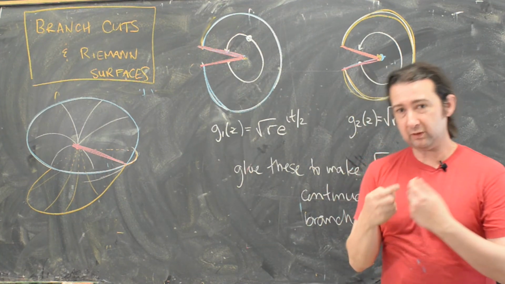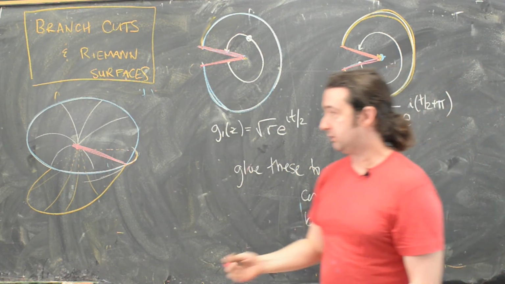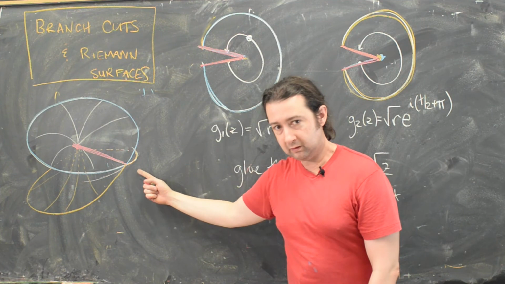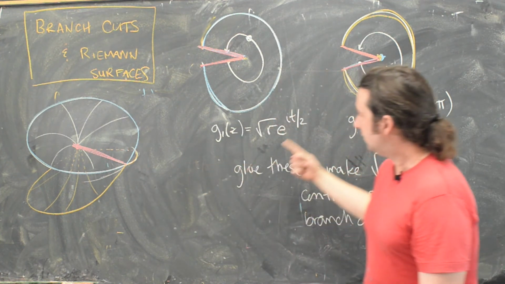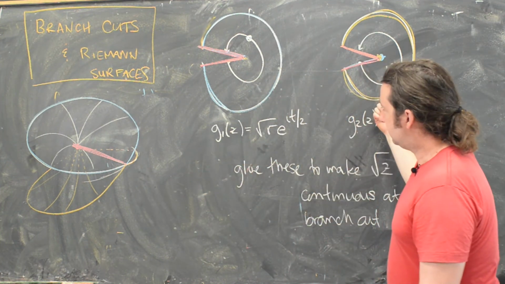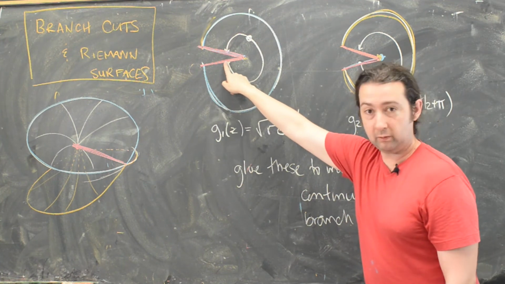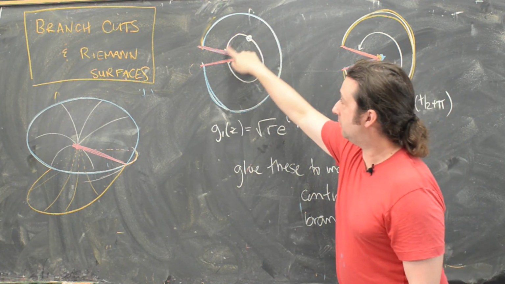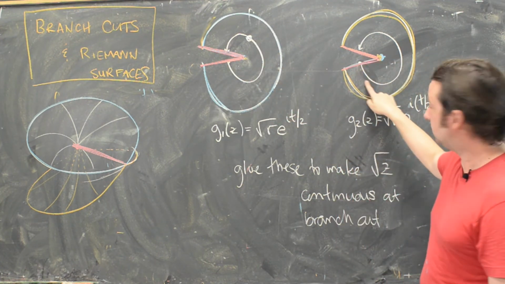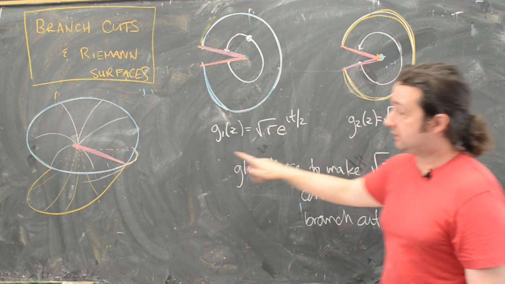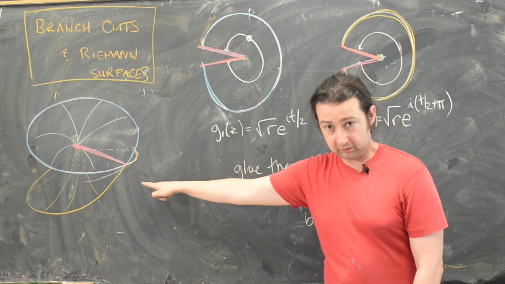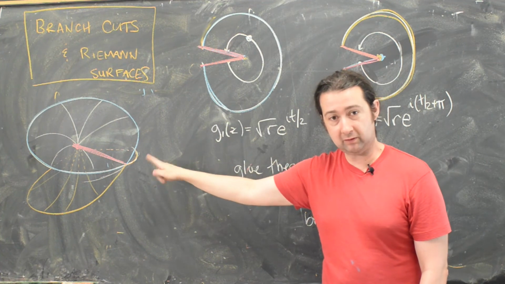And when we do that, we sort of get this self-intersecting surface, but this is the result. This object that we've drawn right here is the way of gluing these two things together so that this curve that I drew, where we start in one, and as we come around through the branch cut, we leave and enter the second domain as we go around. This is a way of thinking about both functions exhibiting the same behavior at the same time.